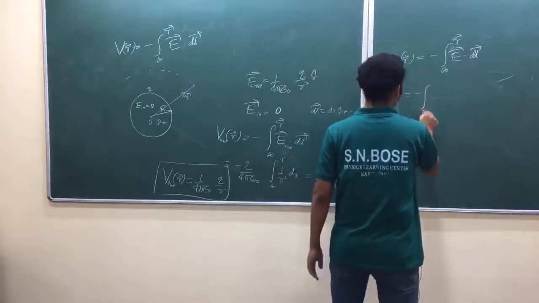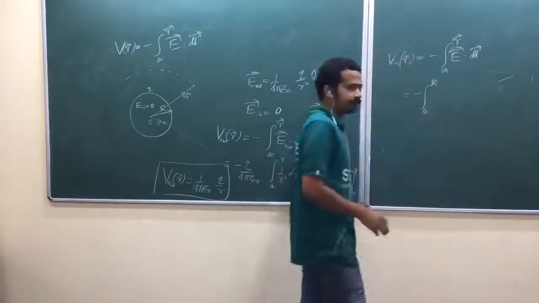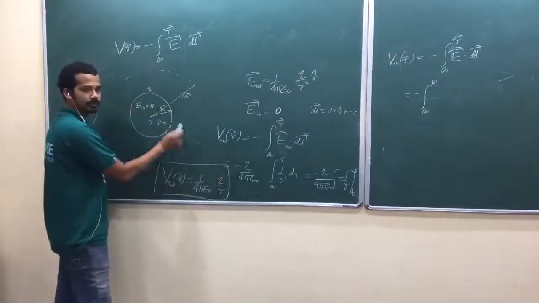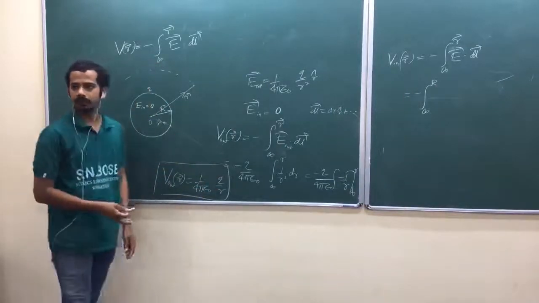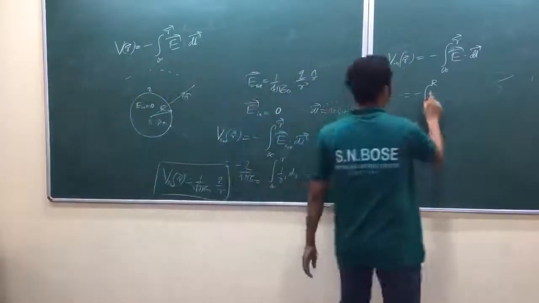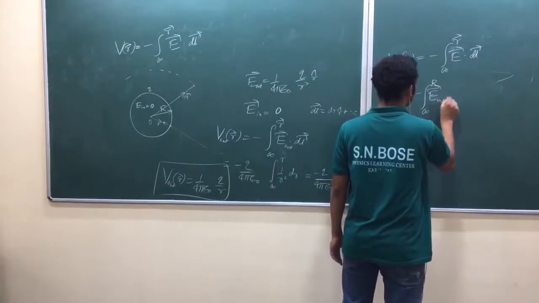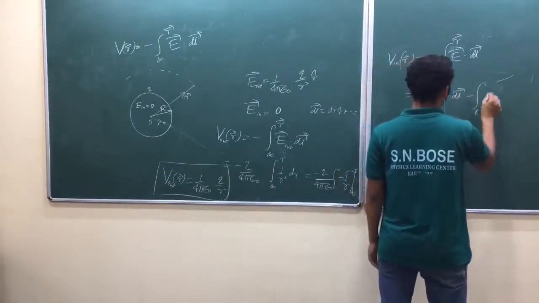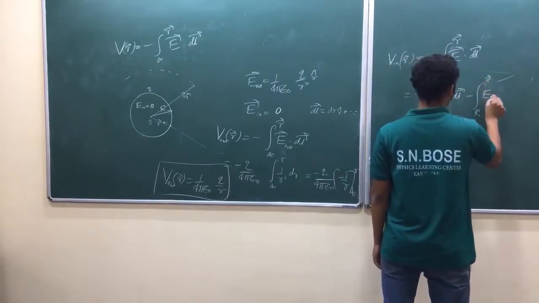So infinity to capital R. Capital R means when radial vector equal to up to this one, up to the surface of the sphere, your electric field was non-zero. Am I right? So E out, am I right? That is outside region. So minus R to small r, inside region.